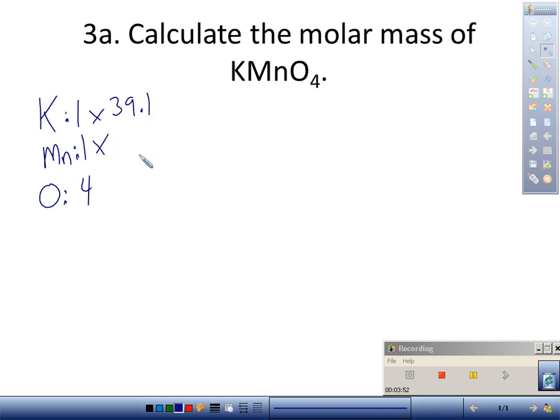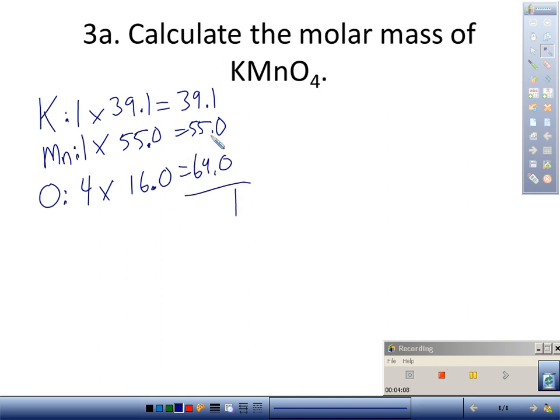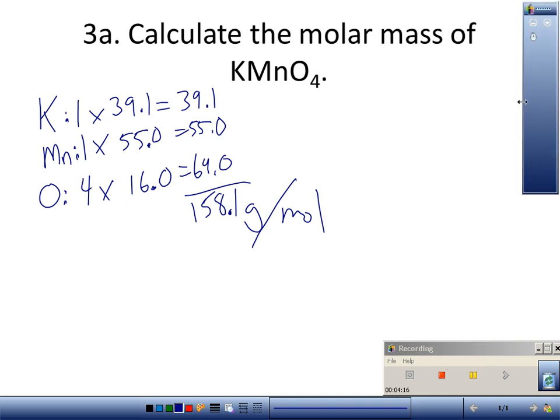I'm going to do the same for manganese. Again, rounding to tenths. And the same for oxygen. And I multiply across. And I add down. And there's my answer.